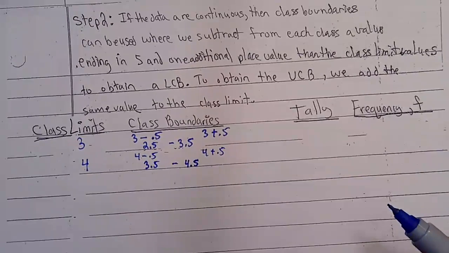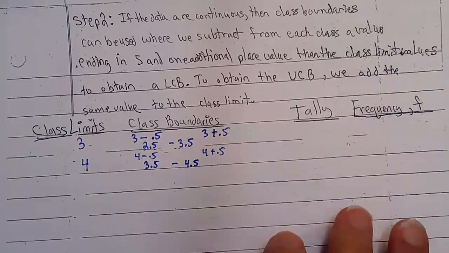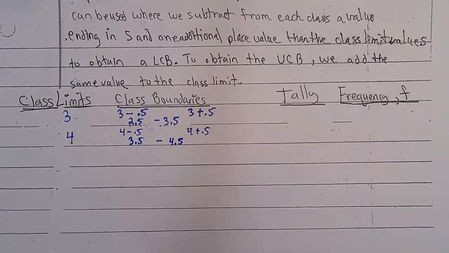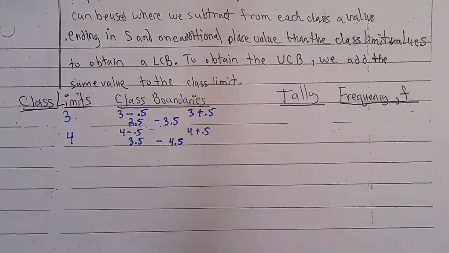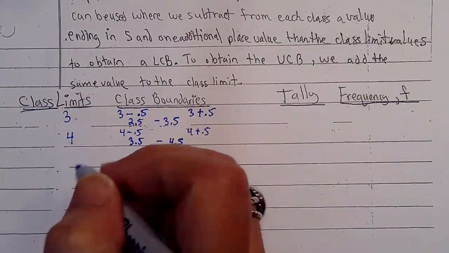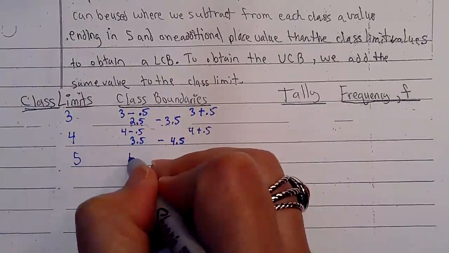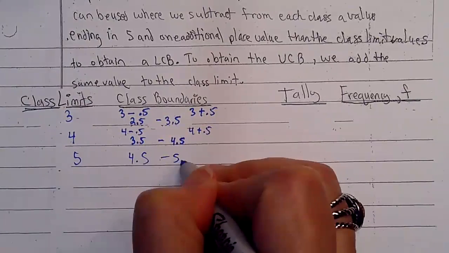At this point, if you wanted to, you could stop the video, do the rest of them, and then turn the video back on when you're done and we can check our work. That's just an idea. Okay, I'm going to write down the rest now. For 5, I have 4.5 to 5.5.